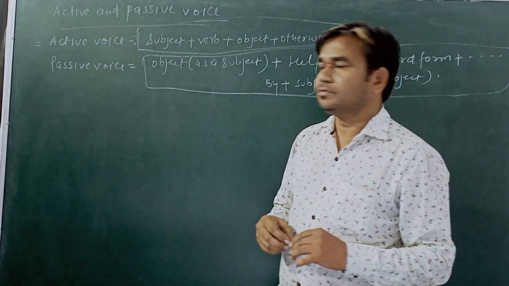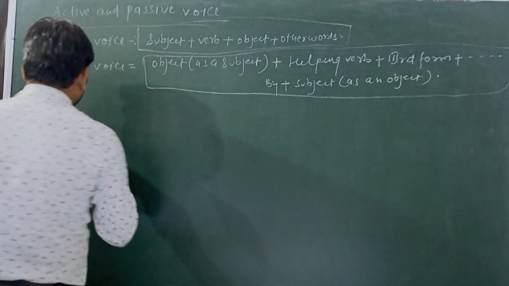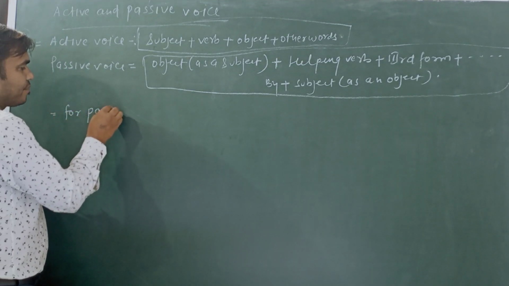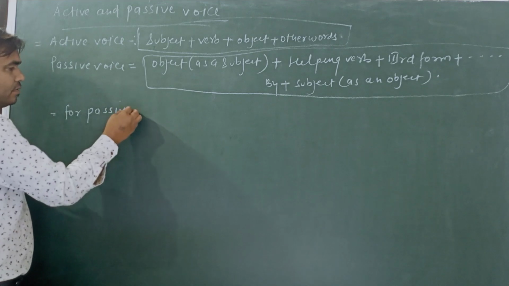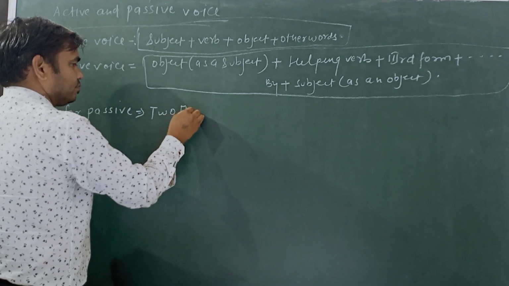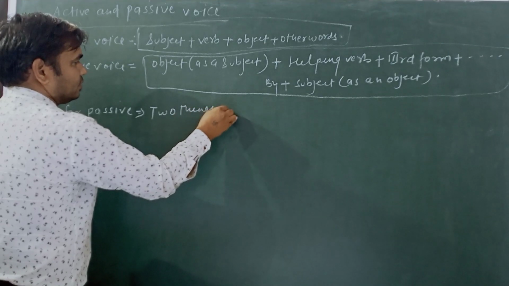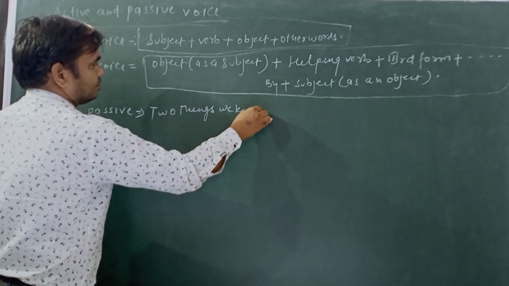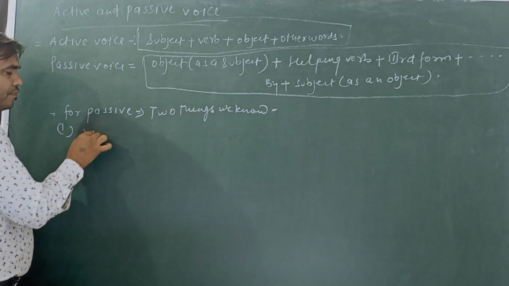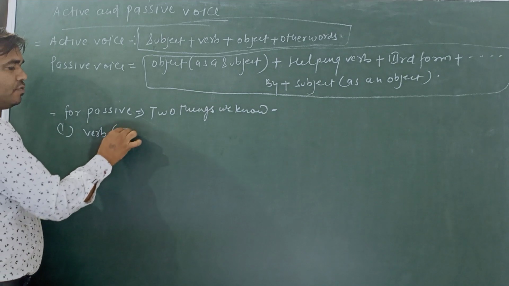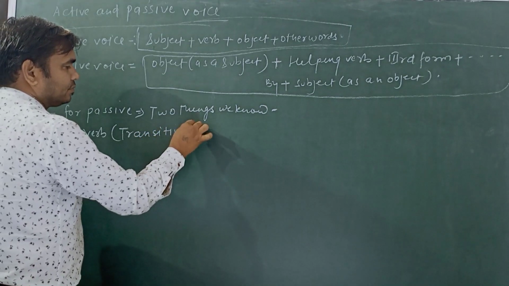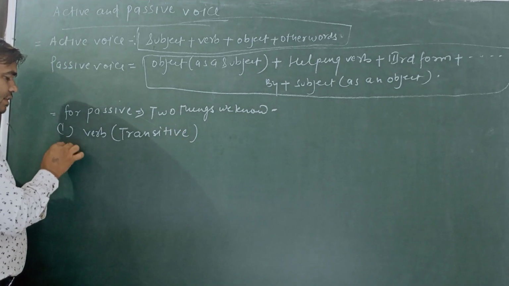For passive voice, two things we know. First, that should be transitive, and second, object.